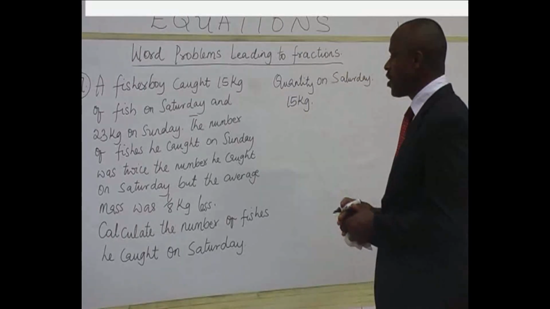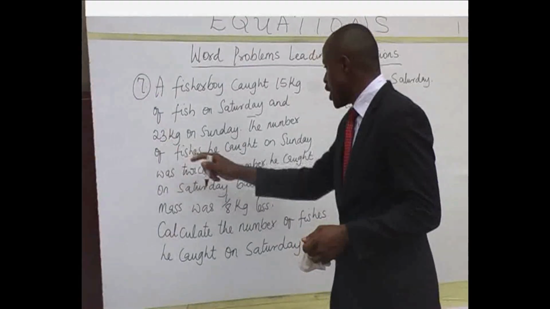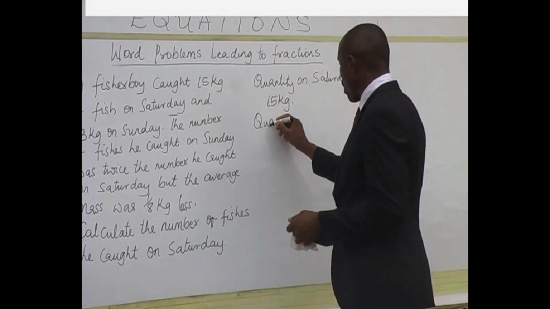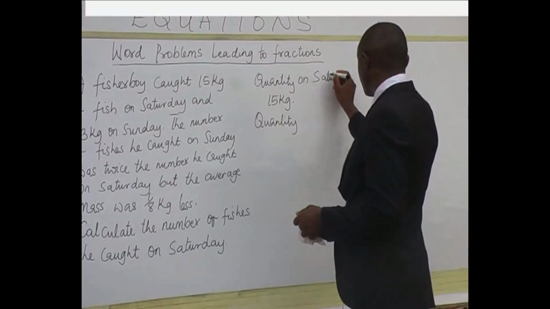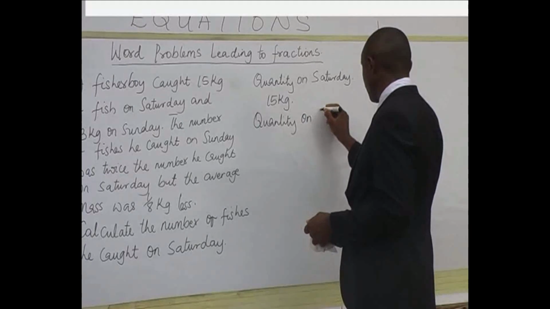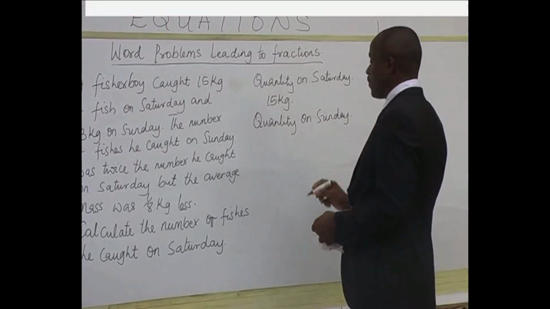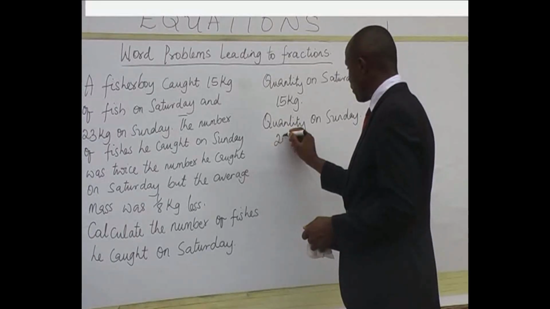That is the number of kilograms he caught on Saturday. But on Sunday he caught, that means quantity on Sunday is 23 kilograms.